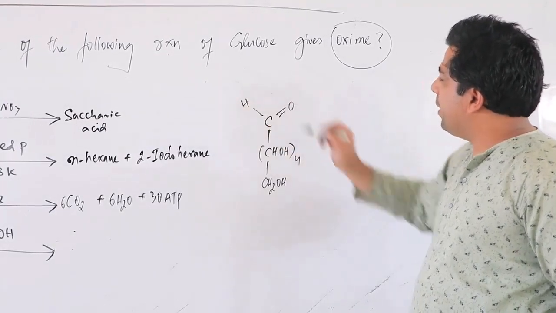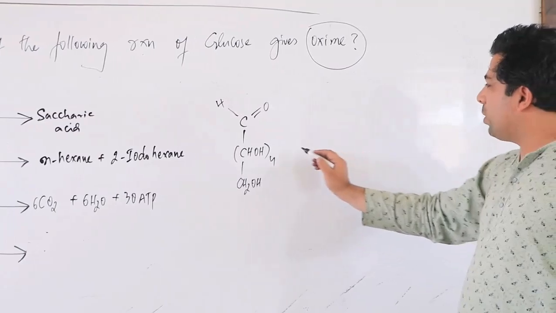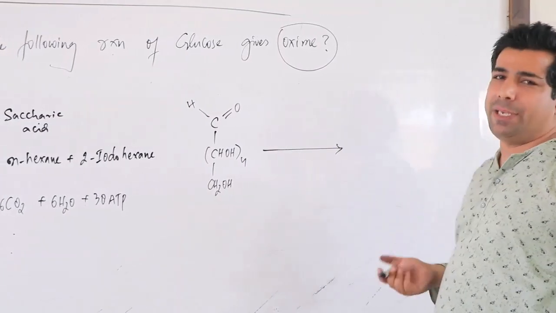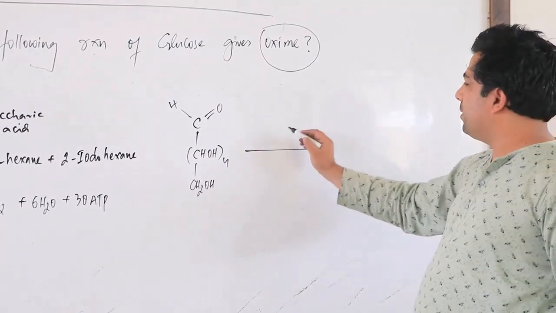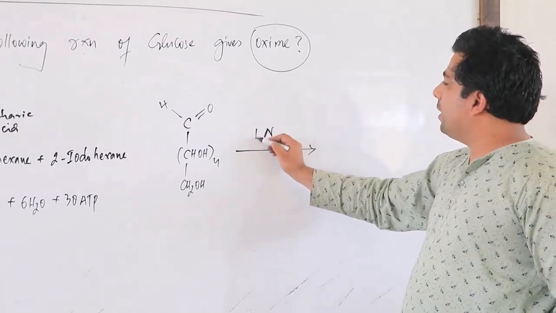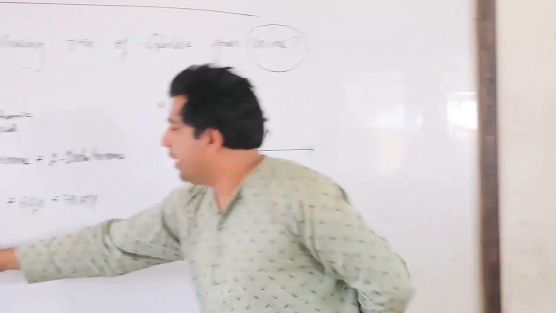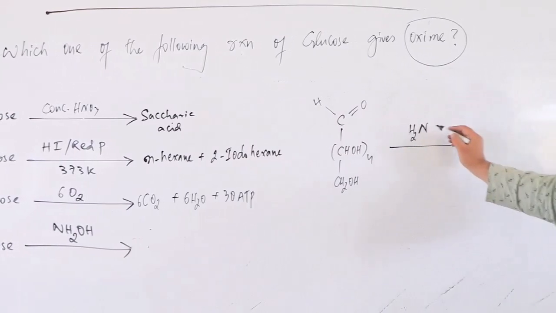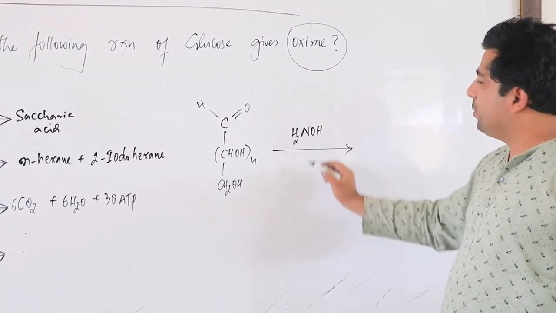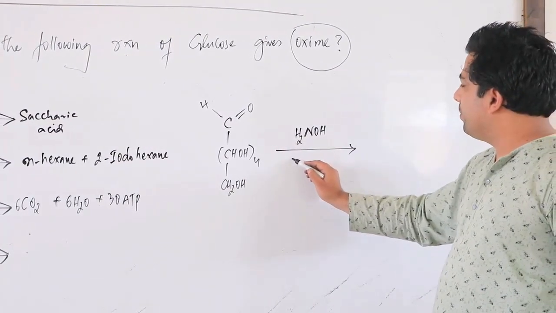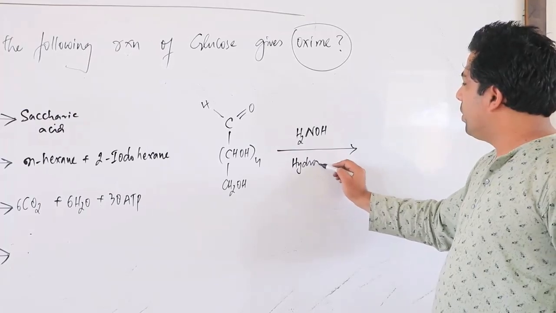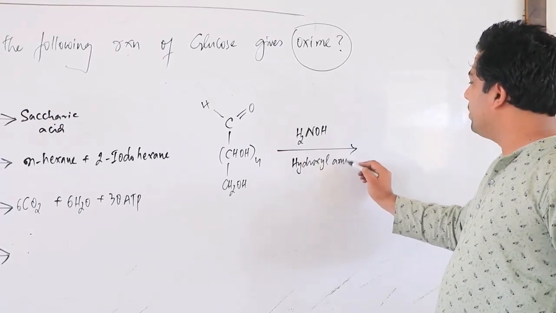So this is your aldehyde group. Then you have hydroxylamine. I can write down hydroxylamine like this, NH2OH. This is known as hydroxylamine.